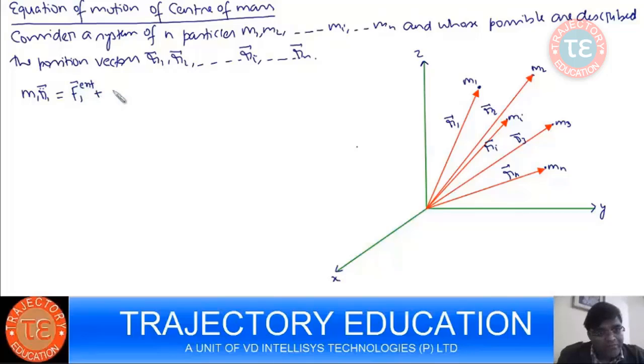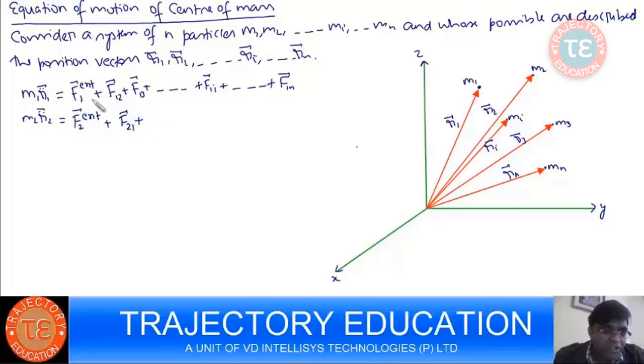f1 ext, f12, f13, f1i, f1n, and mass into acceleration of the second particle is f2 external, f21.